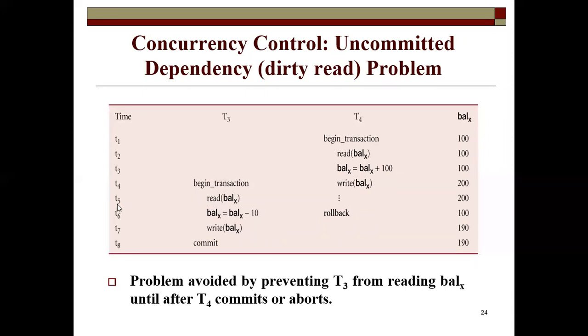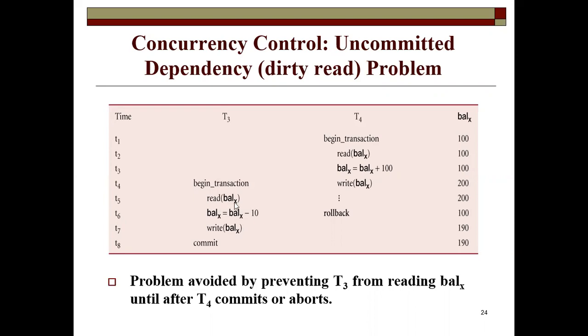Jesse, the reading is happening at T5, and the rollback hasn't occurred. So the balance it's using at T6, is it the 200 or the 100?